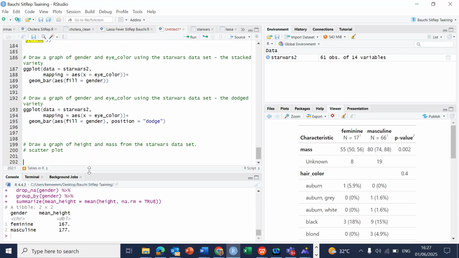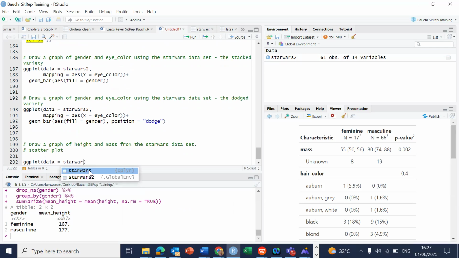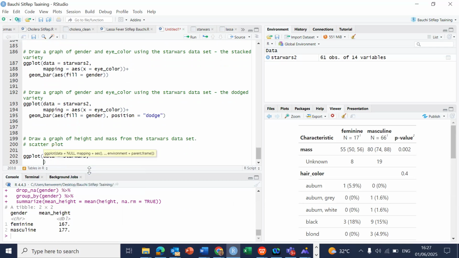So now we will have our ggplot, right? Our data is still equal to Star Wars, okay? And then our mapping. Now, this is where we will have something on the x-axis and something on the y-axis.